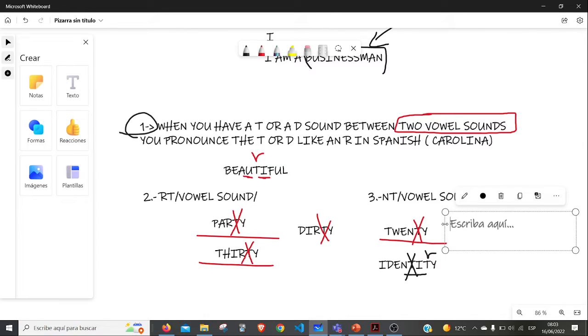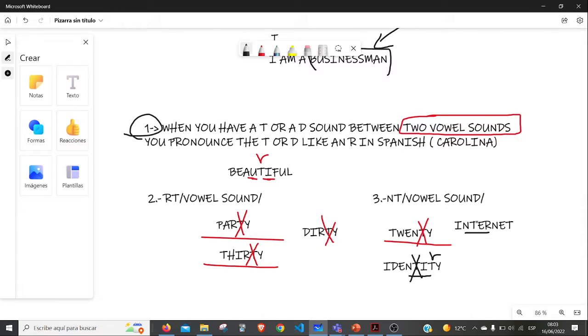For example, internet. In the dictionary, you say internet. But here's the rule: you say internet, internet. You got it?